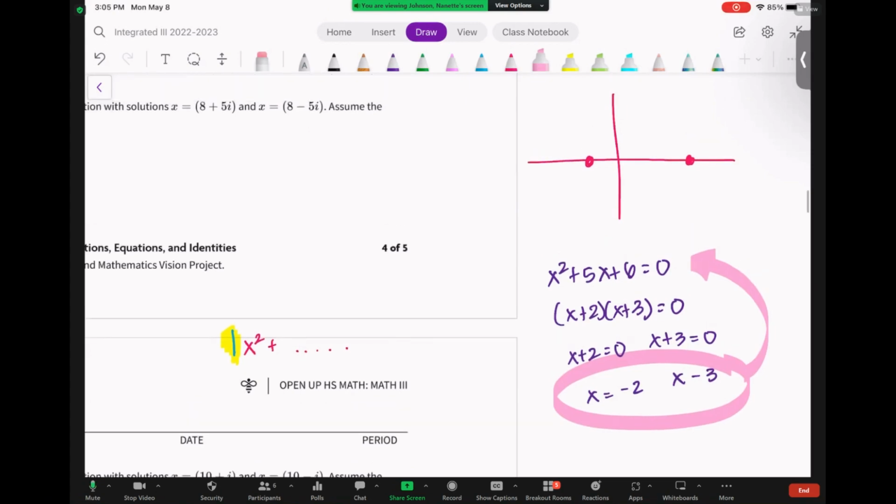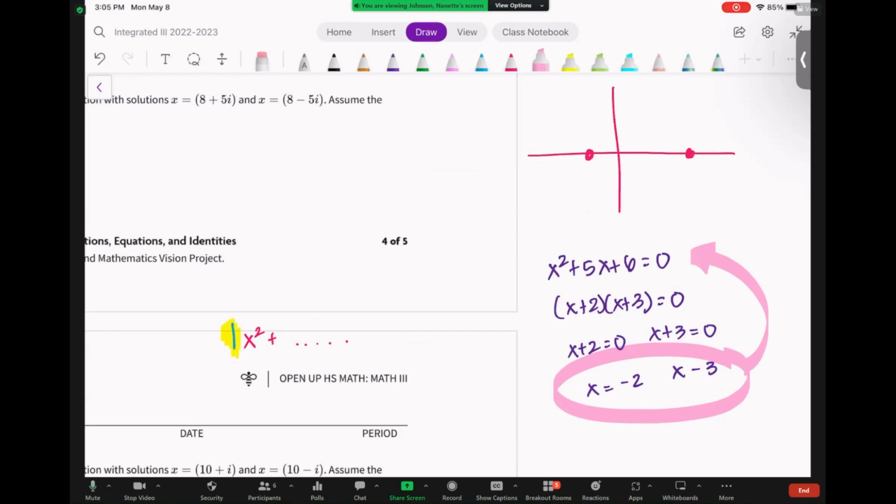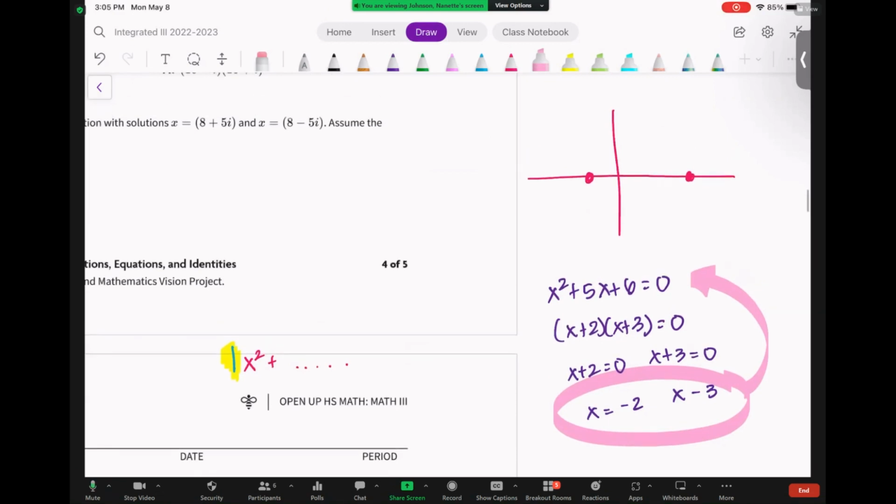Because they gave us our solutions, I'm going to write out this line right here, which is me basically solving for 0. So I get x minus 8 minus 5i equals 0. And I get x minus 8 plus 5i equals 0.